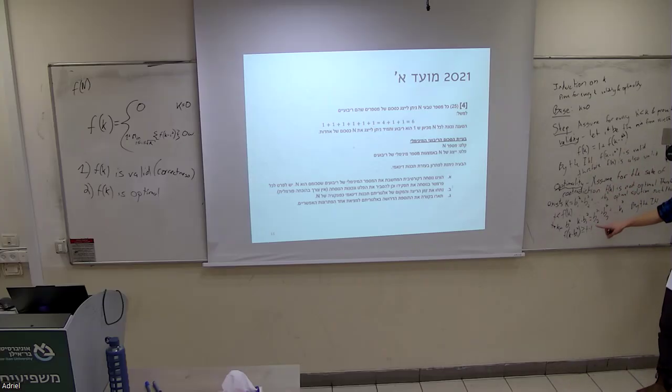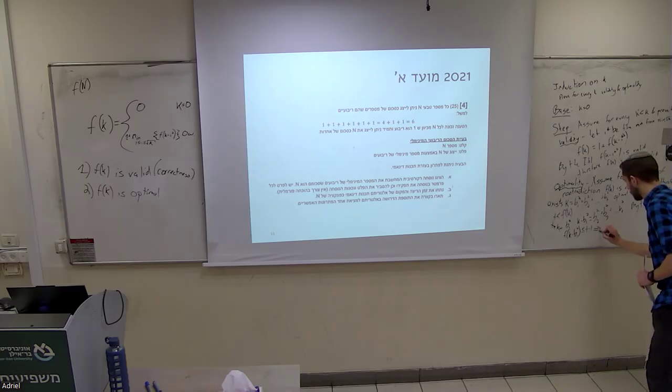Right? Therefore, if it's optimal, it has to be smaller than t minus 1. Oh, sorry, not greater, smaller. Because we're trying to show that this is optimal. So it's smaller than or equal to t minus 1, because it could be this solution or it could be less. Because we know ours is optimal.